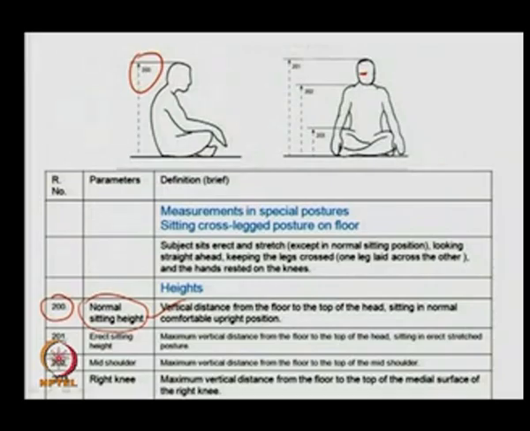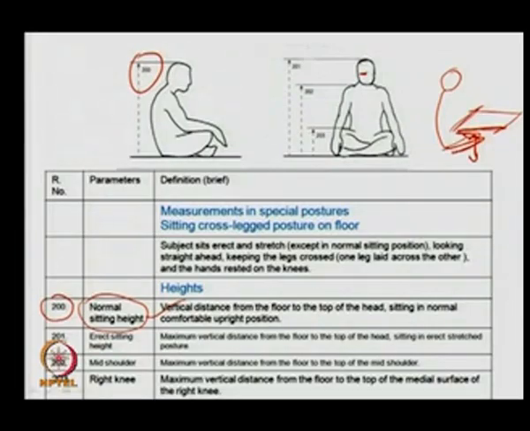Why do we require this knee height? Suppose we design some play activity where there is a play item, so that two persons can sit, and when he sits in a cross-legged posture, some clearance should be maintained. For that, this thigh height, this knee height, is necessary.